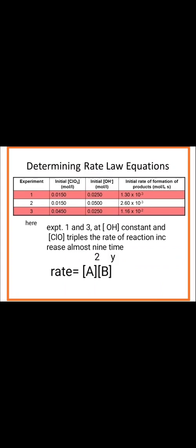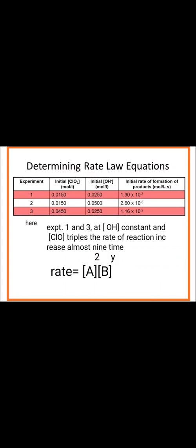Concentration triple, the rate of reaction increases 9 times. So the rate of reaction is found to be proportional to concentration of A raised to 2. As here the concentration of B is constant, the y is calculated whenever the concentration of OH minus changes.